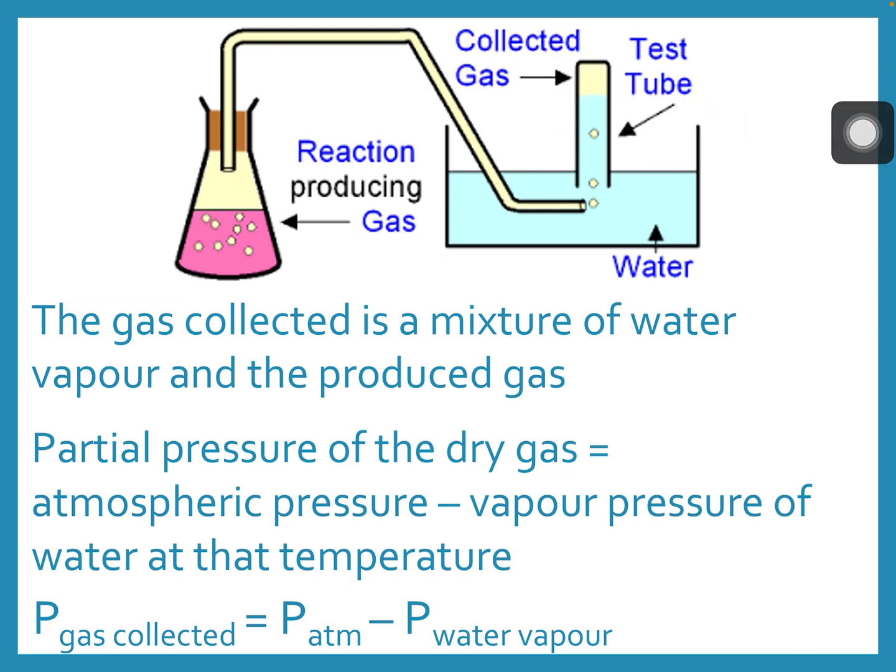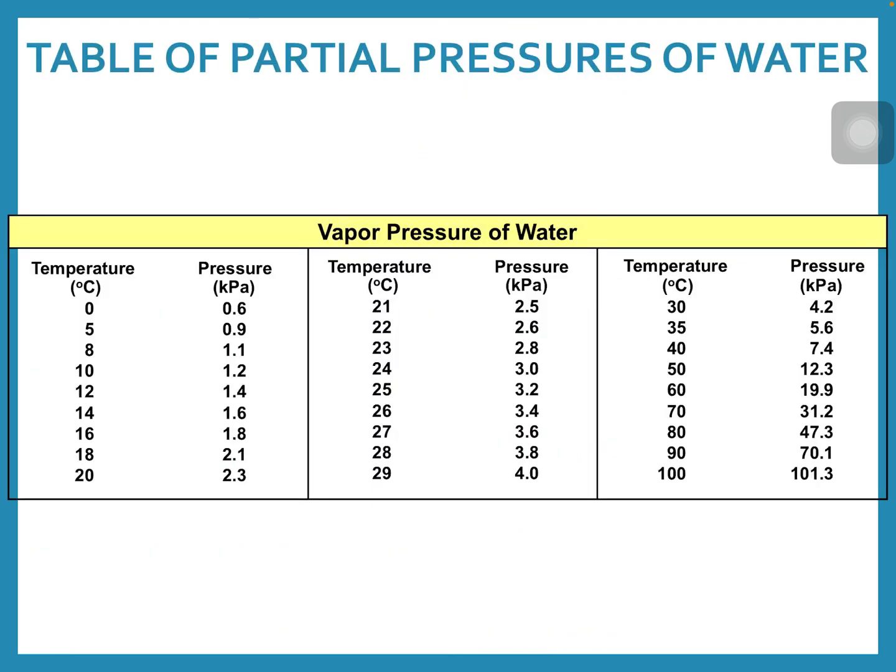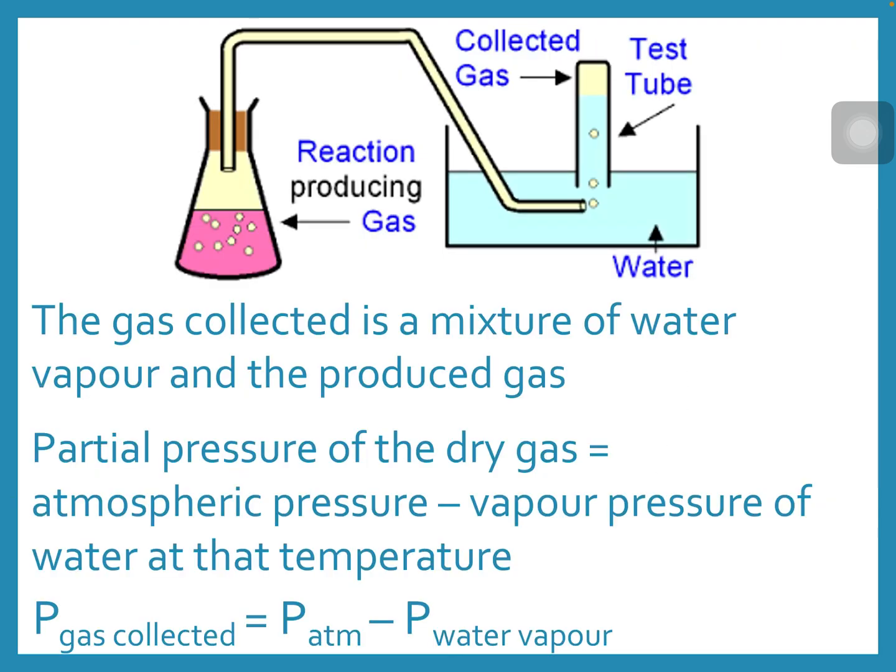So the total pressure is going to be a combination of the pressure from the water vapor and also the pressure of the gas that is collected. So the partial pressure of the dry gas is going to equal the atmospheric pressure, subtract the vapor pressure of the water, which we can get from this table.